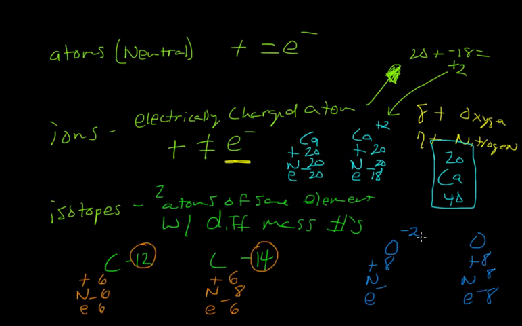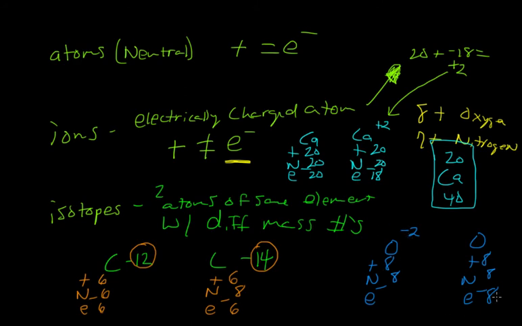A negative 2 ion has the same mass as a normal atom of oxygen, so the neutrons here are going to be 8. Here's where the difference happens. With calcium, in order to get a positive 2, I had to lose 2 electrons. But down here, because this is negative, I have to gain 2 electrons.